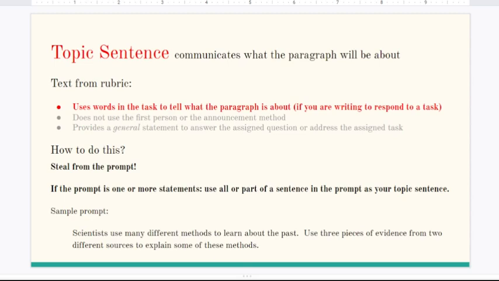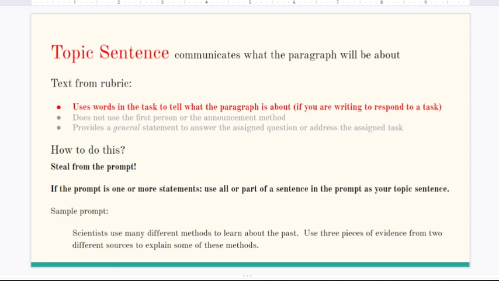Okay, so I'm looking at this prompt, and what am I going to be writing about? I am going to be writing about some of the different methods that scientists use to learn about the past. The first sentence in this prompt pretty much says exactly what I'm going to be writing about. The second sentence in the prompt just gives more specific examples about the requirements of the assignment.